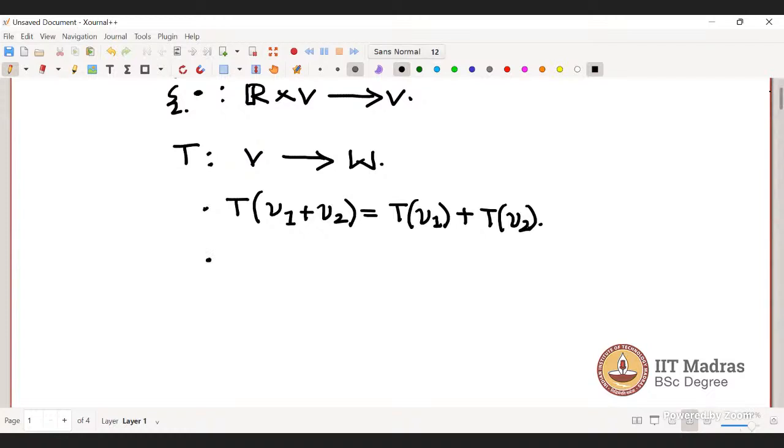Here the multiplication is with the scalars. So T of C times V1 is C times T of V1.